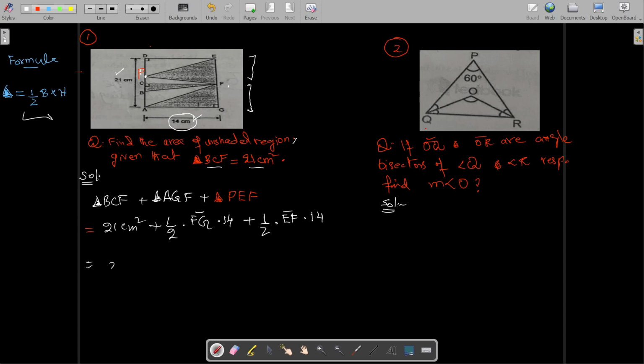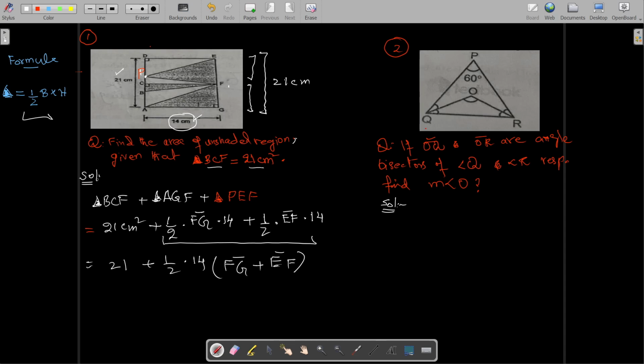We compute 21 square centimeters plus 1 over 2 times 14 times (FG plus EF), since 1 over 2 and 14 are common in the last two terms. Now, what is FG plus EF in this figure? Adding these two distances gives the length of the opposite side, which is 21, because in a rectangle opposite sides are equal.